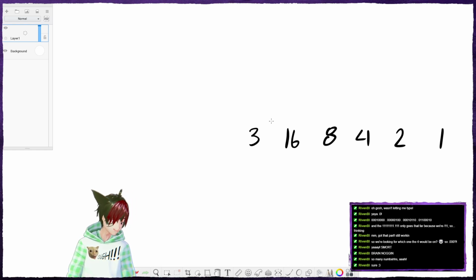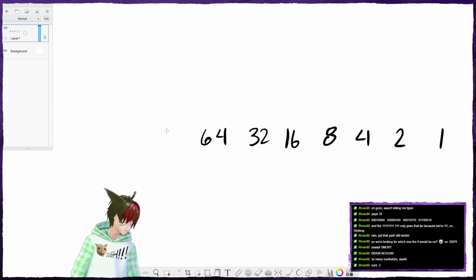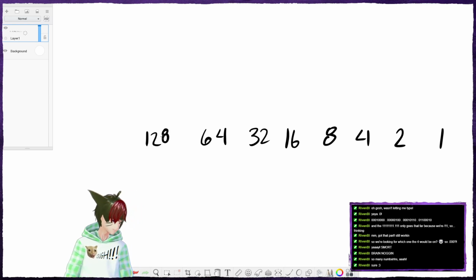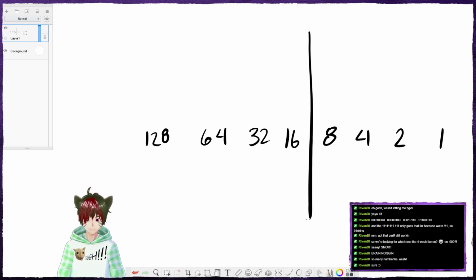The reason why I write it down over and over again is so I remember it. The reason why that's important, see where I'm going with this?